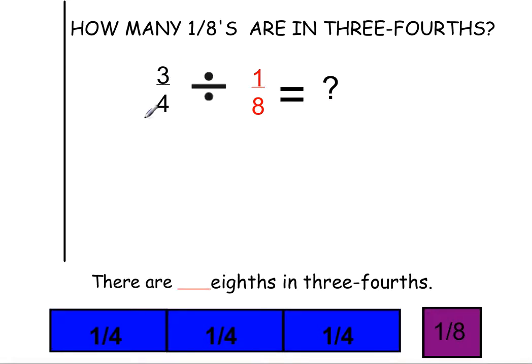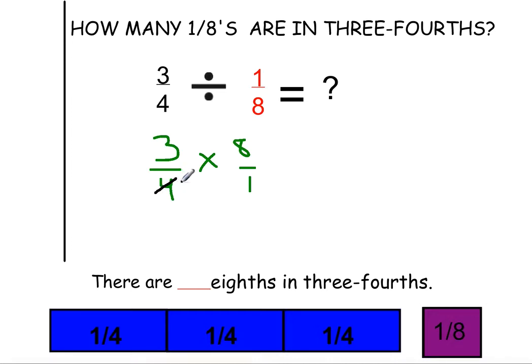So let's try this one without, and then we'll look at the bottom. We're asking how many 8ths go into 3/4, or 3/4 divided by 1/8. I keep the first number. I switch the division to multiplication, and I multiply by its reciprocal, so I flip it: 8 over 1. Now I use my multiplication rules, and let's simplify. I cannot simplify here, I can't simplify here, but here and here I can.